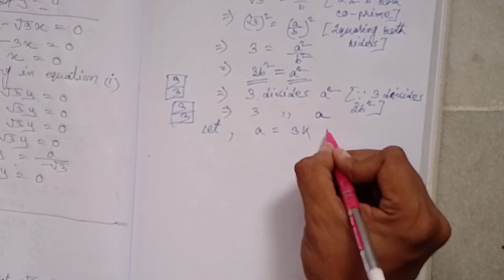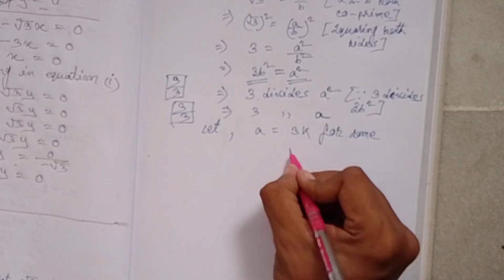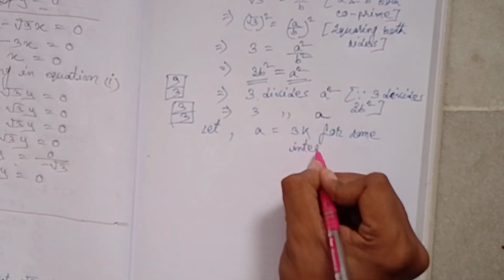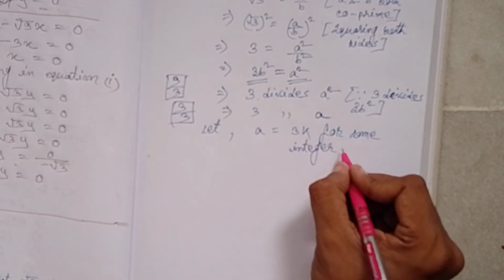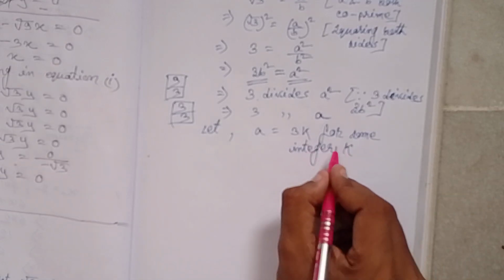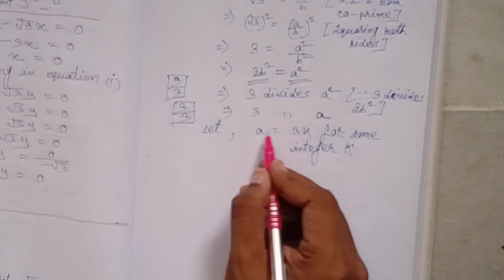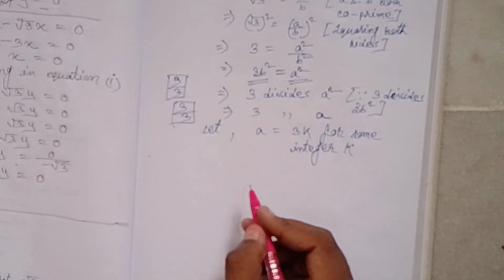Now let us assume again, let a is equal to 3k, for some integer k. k may be any integer, k may be 1, 2, 3, 4. So a is equal to 3k, what we have assumed.